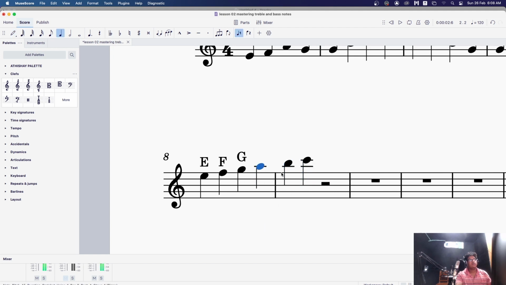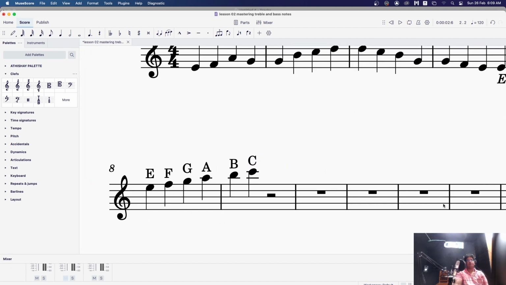What comes after G? The first ledger line above, that's A. Now above it, what comes next? Yes, it's B. Now C again.